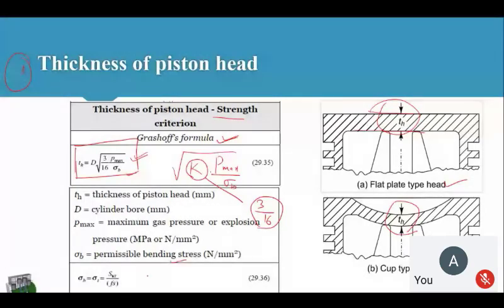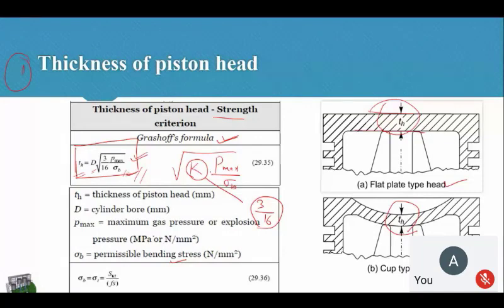From this formula, you will be able to calculate the thickness of the piston head, provided you know the diameter of the piston, the maximum gas pressure and the bending stress.